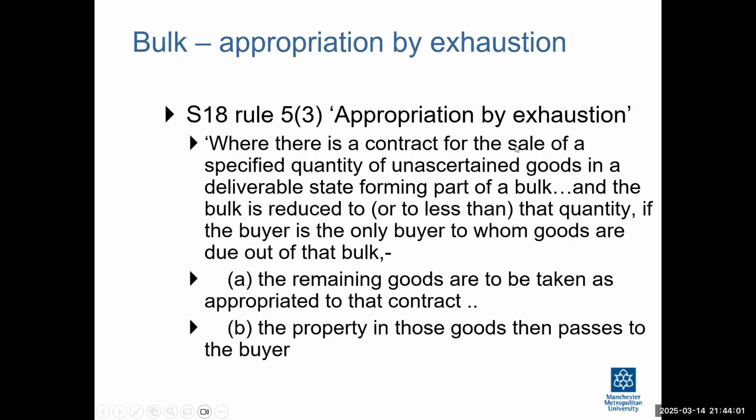So where there is a contract for the sale of a specific quantity of uncertain goods that are all in a deliverable state, when that bulk reduces to the quantity that the buyer wants to buy, then the remaining goods are to be taken as appropriated to the contract. And we would then argue that the property in those goods will pass to the buyer.